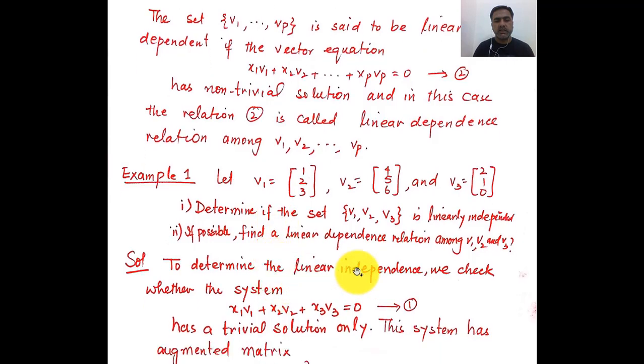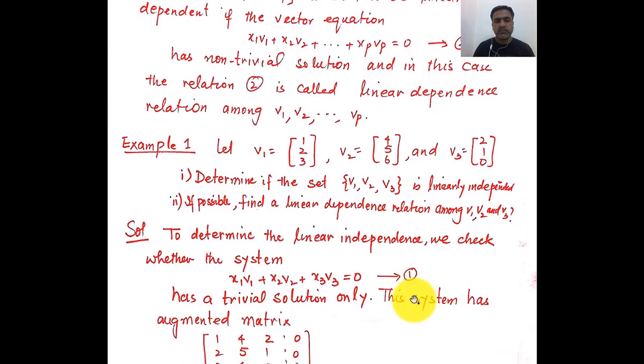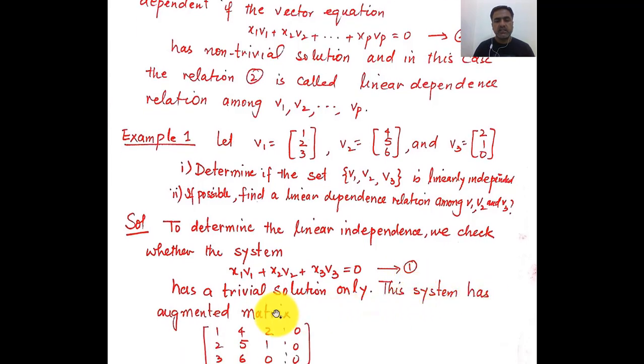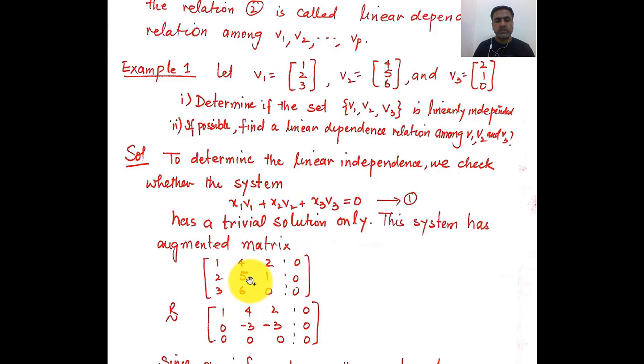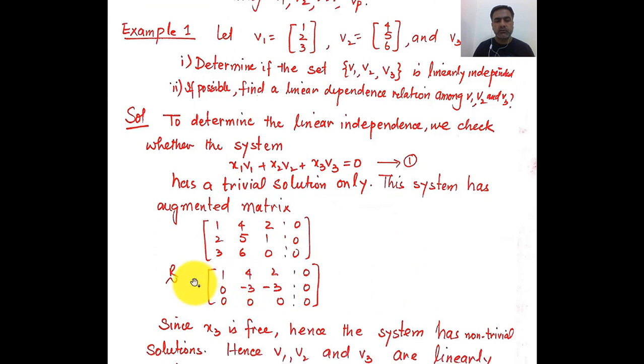Now to determine the linear independence, as described previously, we check whether the system x1 v1 plus x2 v2 plus x3 v3 equals 0 has the trivial solution only. Now this system has the augmented matrix 1, 2, 3, 4, 5, 6, 2, 1, 0, and on the right hand side here we have zeros, which can be reduced to an echelon form matrix as this.